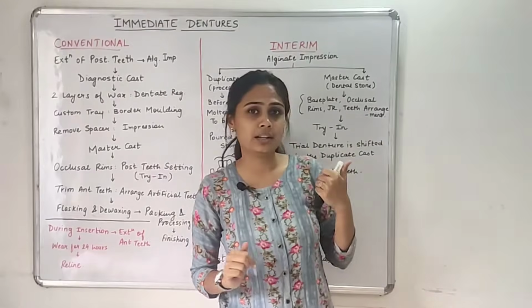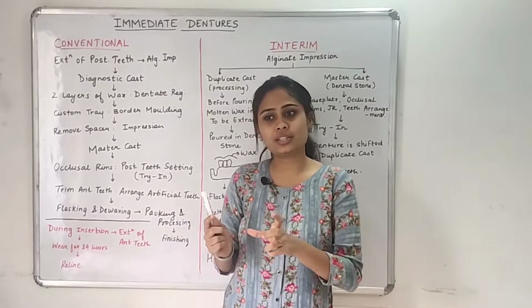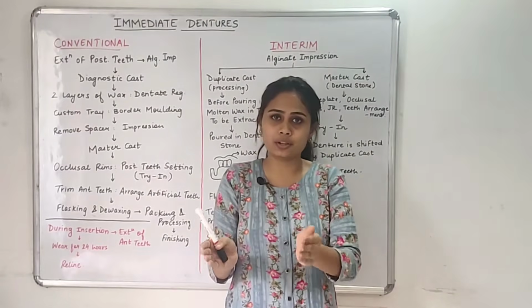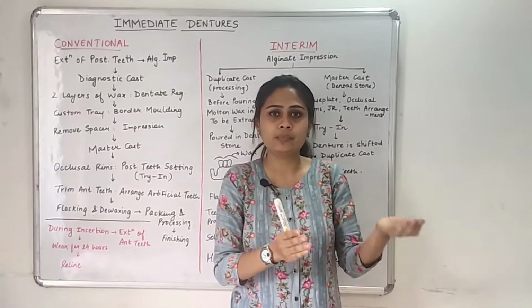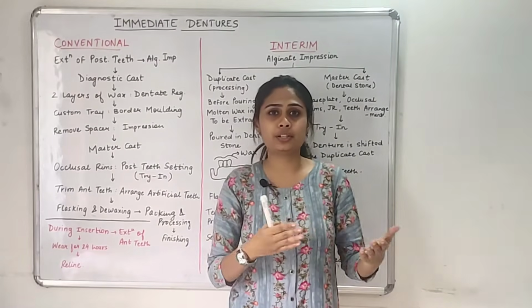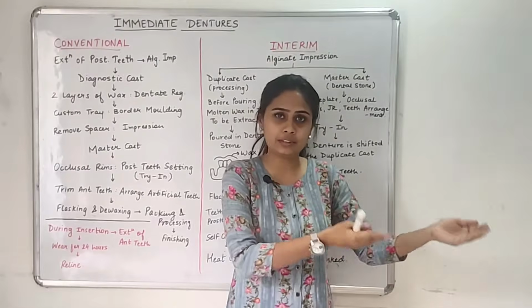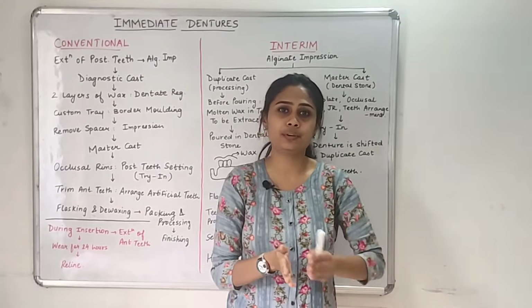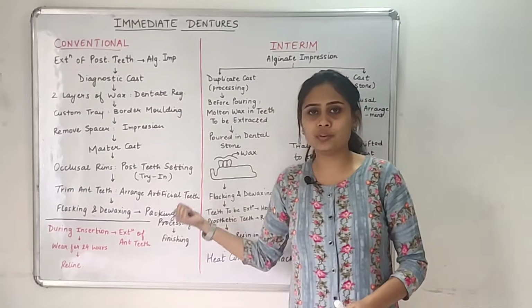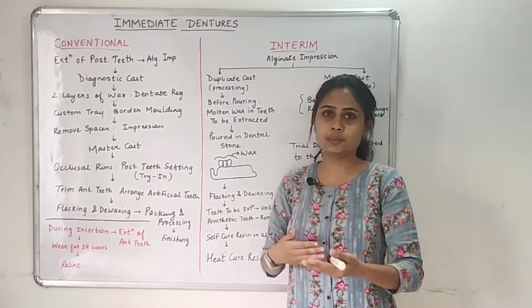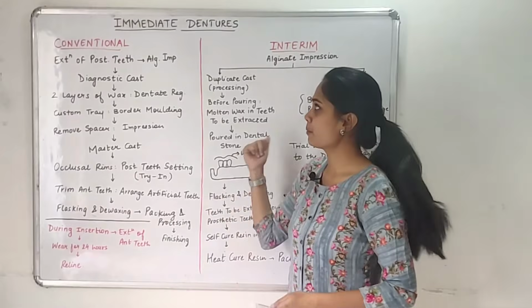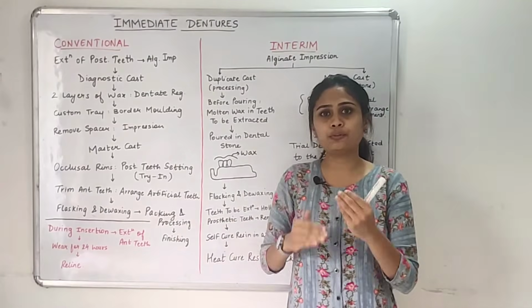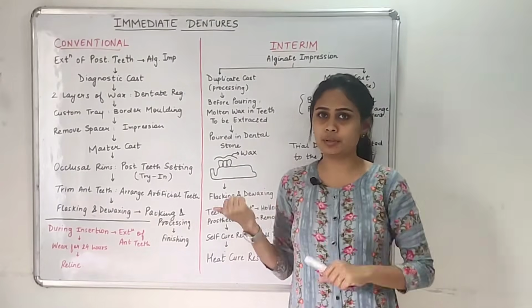Whereas the interim immediate denture is just a denture given for an interim period of time, a particular period of time, to the patient until our complete denture is fabricated. So this cannot be used as a complete denture for the patient to wear forever. Whereas this can be relined and can be used by the patient later in life. So we'll see how to fabricate the conventional and the interim immediate dentures.